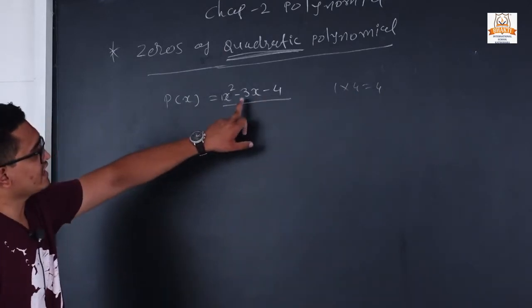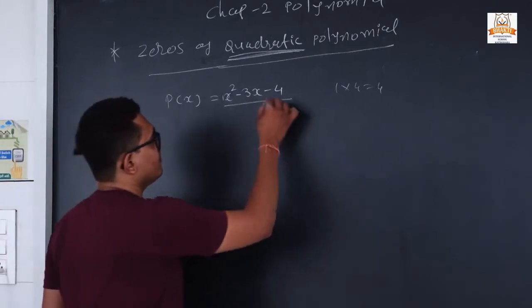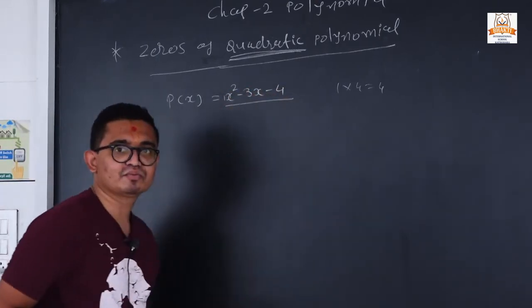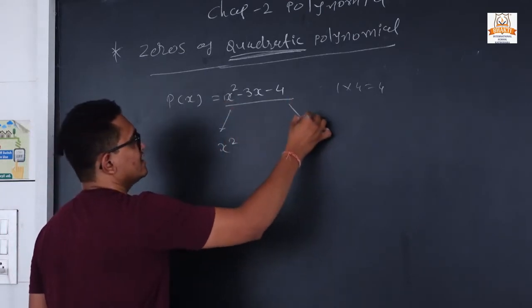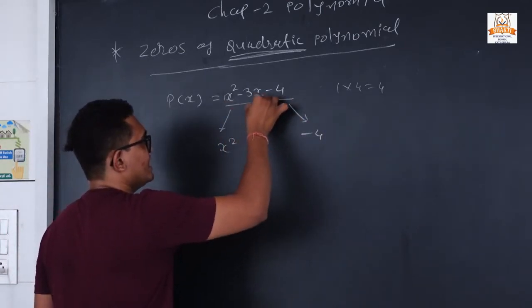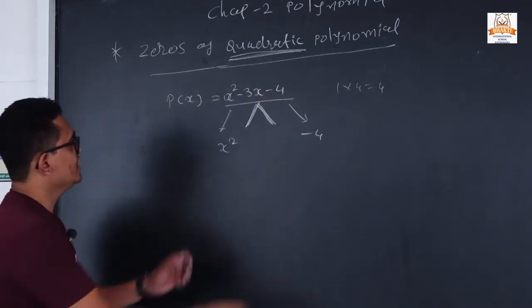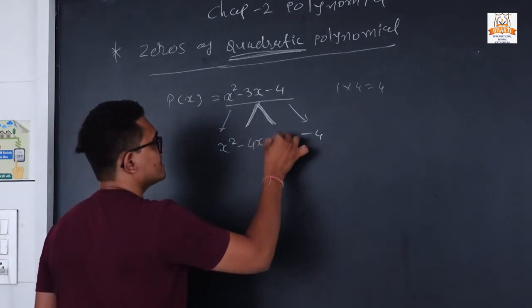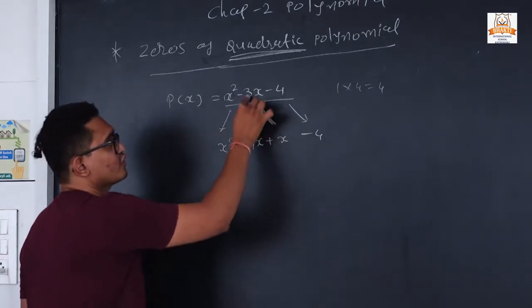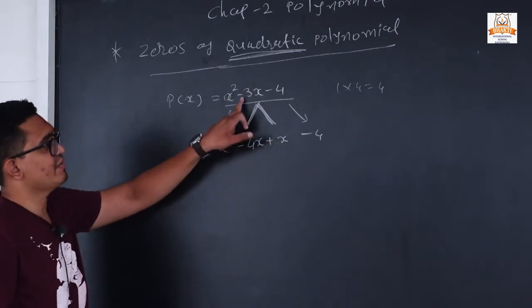Now 4 is factorized as 4 ones are 4. So first and last term will be the same. We can factorize the middle term only. So here we can write like that, minus 4x plus x, because 4 ones are 4. So minus 4 plus 1 will be minus 3.